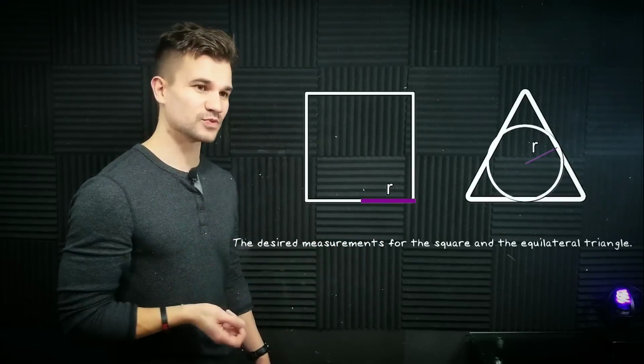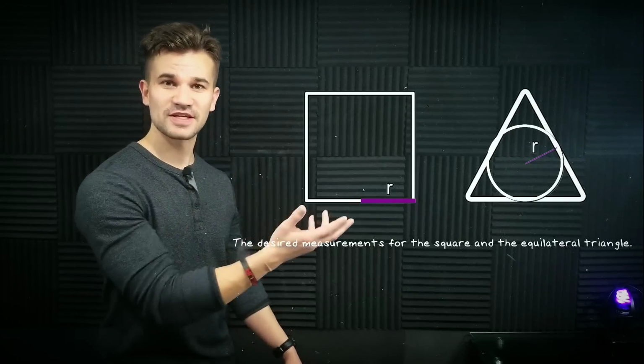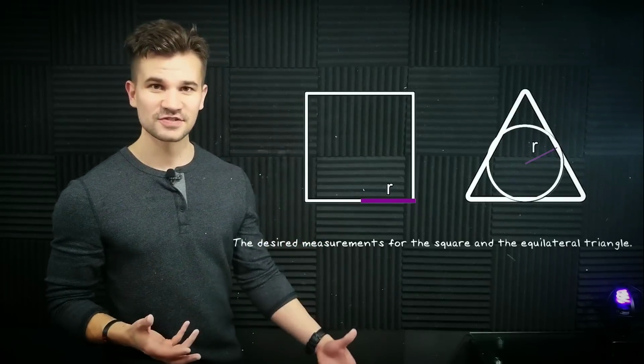So to recap, here's the two results we got from the examples we looked at. So the question is, from this information, can you extrapolate this to a pattern and make a conjecture?